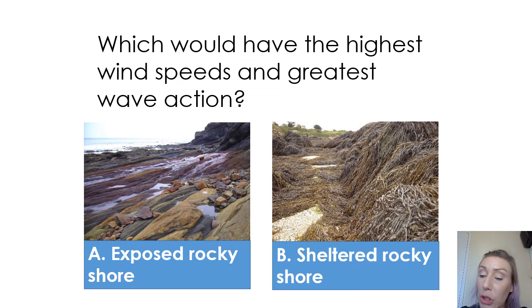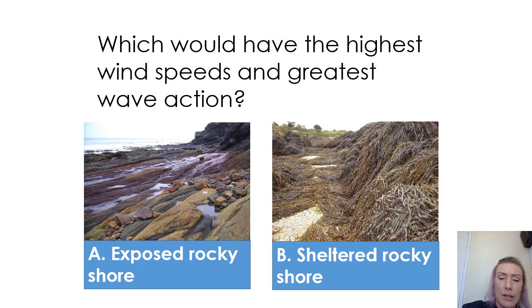Okay, now we've got two types of rocky shore. One is exposed, which means it's kind of out to sea, sort of on an outland bit. Whereas the sheltered shore will be tucked away, more in a sheltered area. I could draw that on the board a bit better. Here we go.